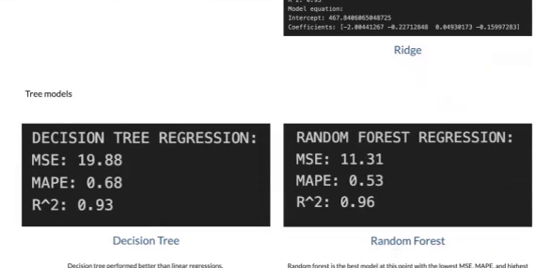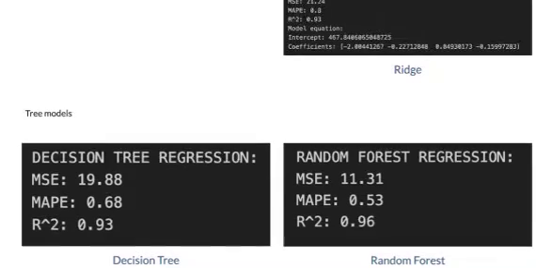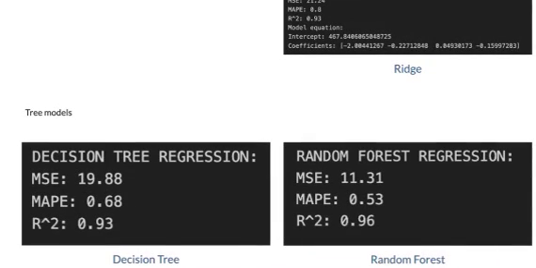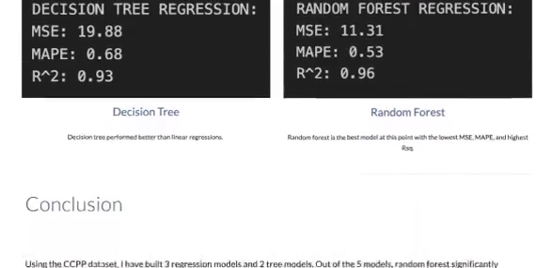In the tree models there's significantly better performance, especially the random forest. The mean square error reduced to almost half of what it was, and the MAPE is reduced as well, and the R-square is significantly improved to 96%.